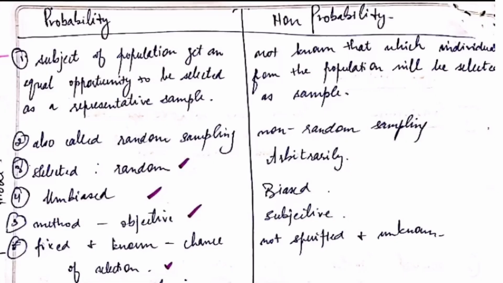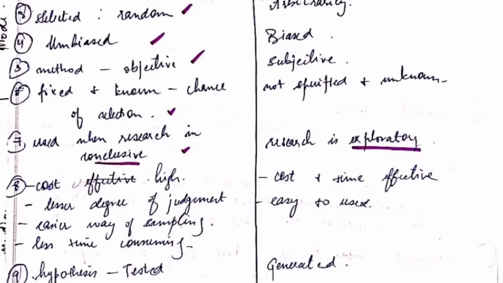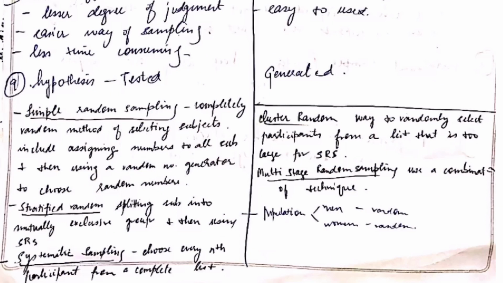In probability, every subject of the population gets an equal opportunity to be selected, whereas in non-probability, it is not known which individual from the population will be selected. Probability is also called random sampling, whereas non-probability is also called non-random sampling. Probability uses the objective method, whereas non-probability uses the subjective.